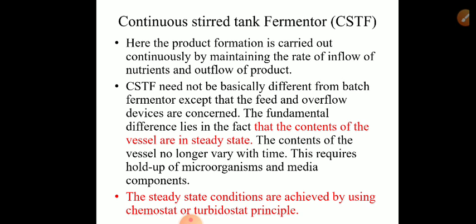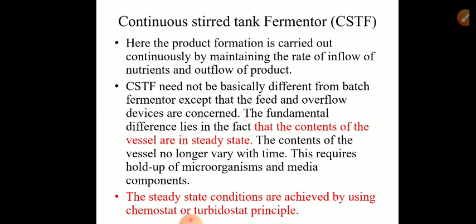The next type of fermenters are continuous stirred tank fermenters, CSTF. They are also called continuous stirred tank reactors, or simply stirred tank reactors. What is the difference between a batch and a continuous fermenter? In a batch fermenter, products are obtained in batches.